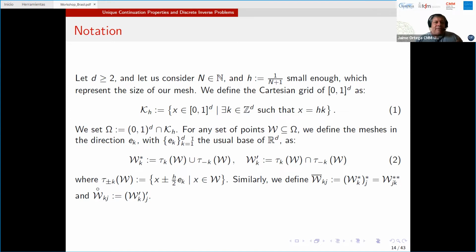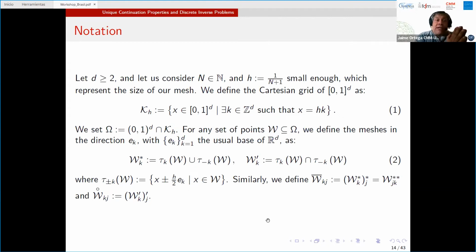Well, what is the idea? People know very well how to prove unique continuation, controllability, identifiability, and stability in inverse problems. The question is, I'm going to try to repeat each of these steps, but in the discrete case. I'm going to try to rewrite all the same computations, but replacing, for instance, the Laplacian by the discrete Laplacian.